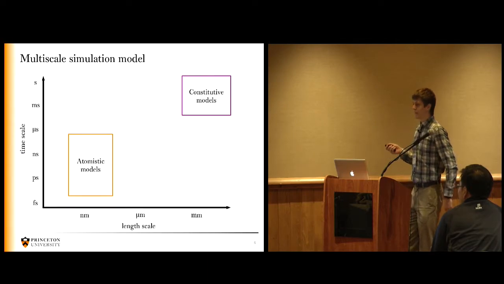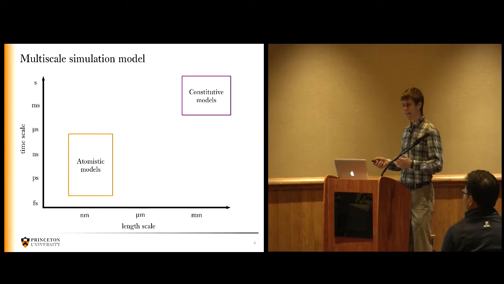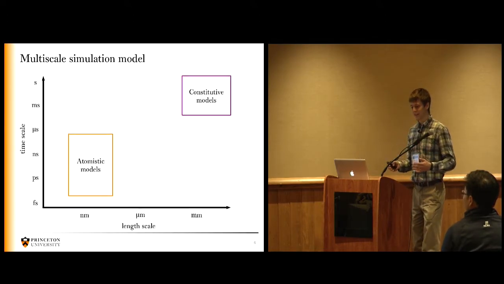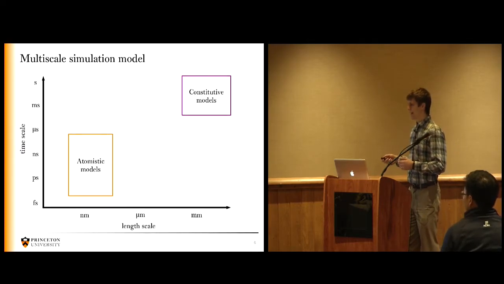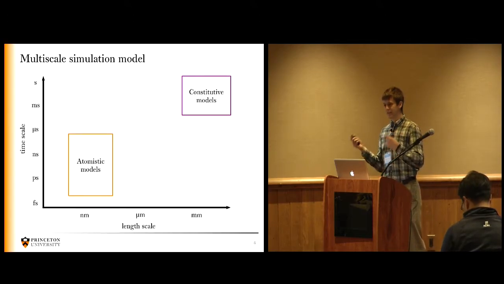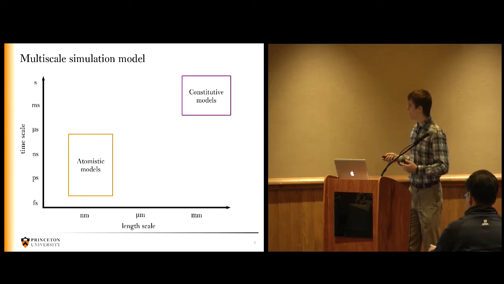At the other end of the spectrum, we have things like constitutive models for CFD. These are very good at accessing large scales, but by necessity they have to smear out some of the detail in the underlying microscopic structure. And it's not always obvious how exactly the microscopic structure affects the macroscopic behavior and which properties are very important to capture.